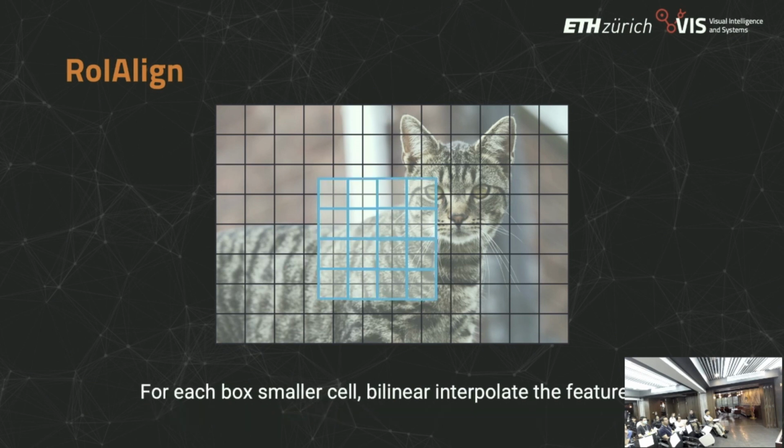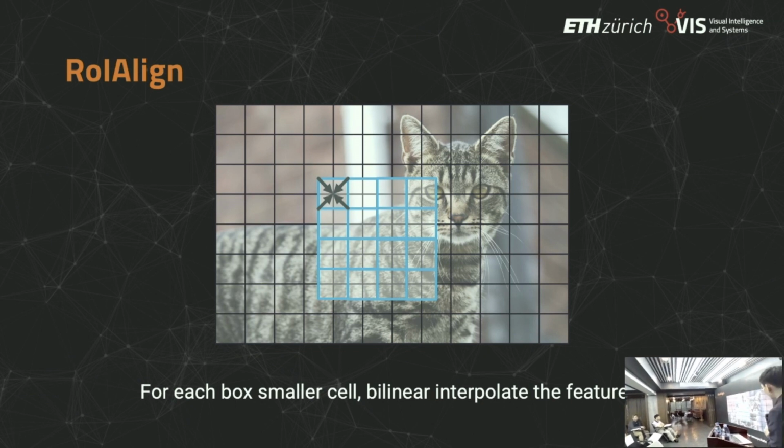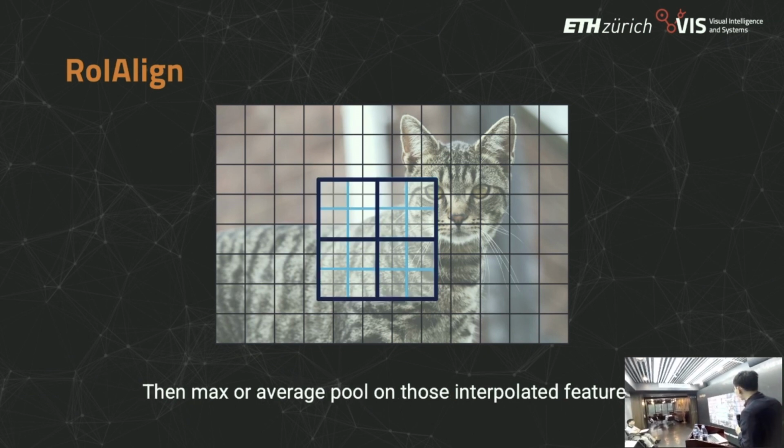And then for each small box, we will sample the feature from the nearby feature grid, and do that for all the regions. And here, to have better features, instead of doing maximum pooling, we usually use average pooling.